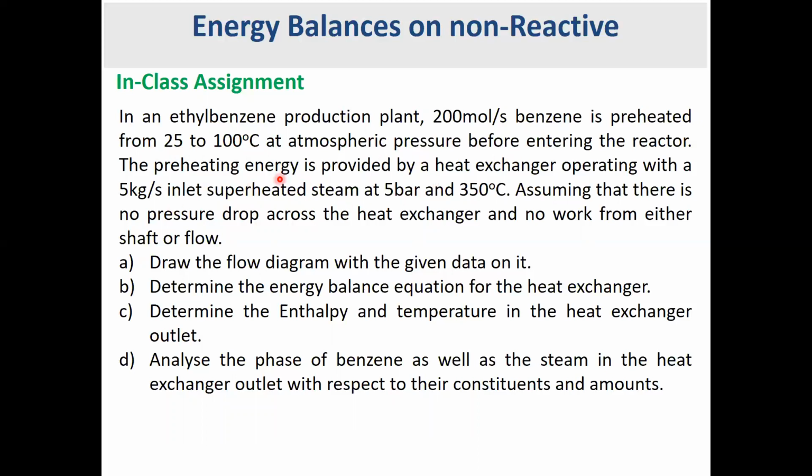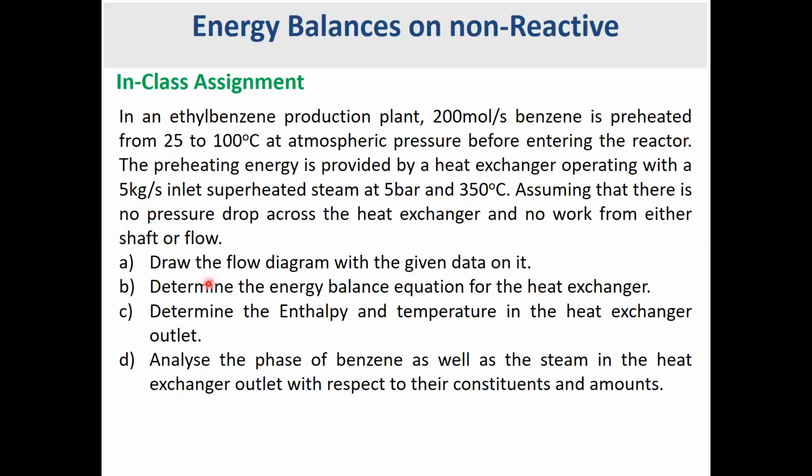This preheating happens in a heat exchanger that operates with 5 kg per second of superheated steam at this temperature and pressure. Assume there is no pressure drop across the heat exchanger, and no work is done: no shaft work, no flow work.